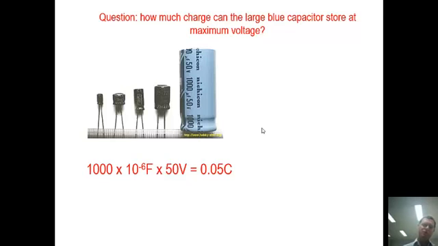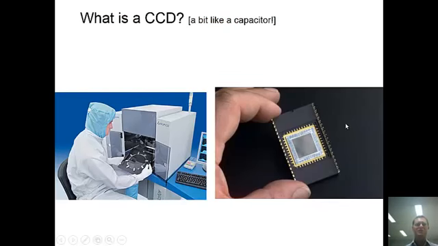I'm now going to switch, and I'm going to start talking about these things called CCDs, and there's a reason why I put capacitors first. So what is a CCD? Well, a CCD is a bit like a capacitor. It's something which allows us to store charge, and it works in a similar way, and we might have to use the mathematics of a capacitor to help explain some of the ideas of what a CCD is.